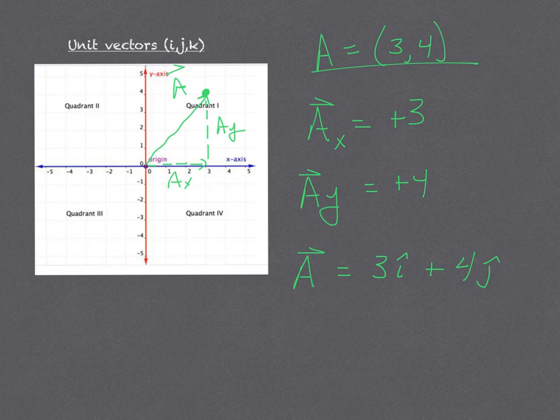So each of these are basically a multiplication of a magnitude and another vector with a value of 1. Right? So we're multiplying 3 times 1 in that direction.